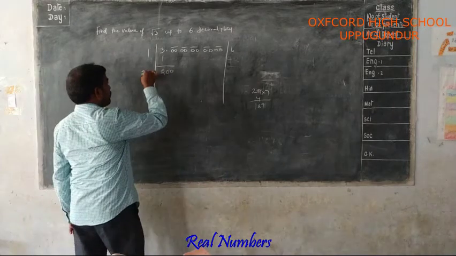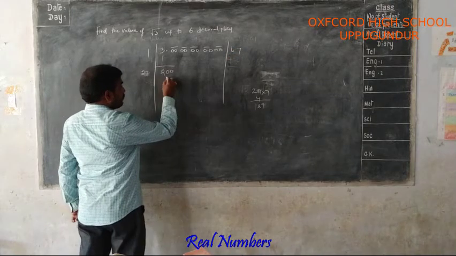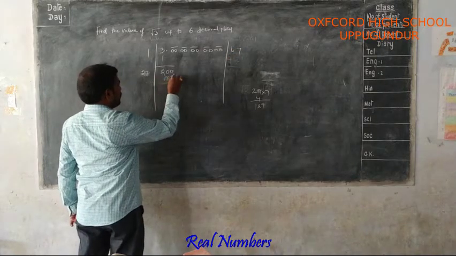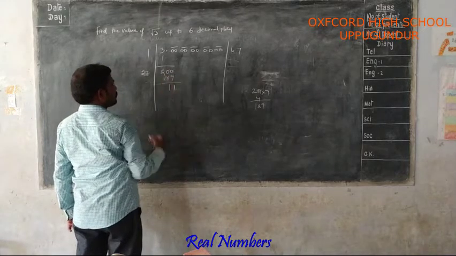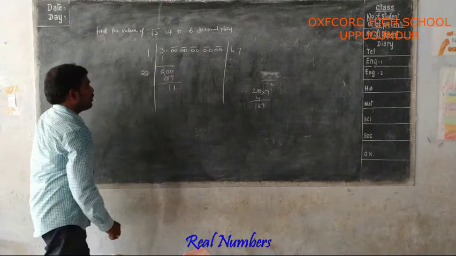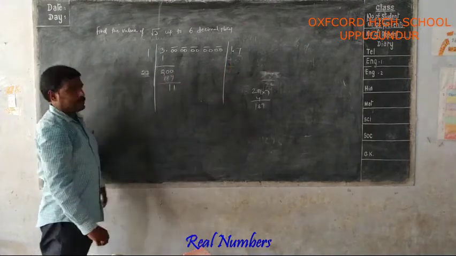So 27 sevens, 189. 10 minus 9, 1. 9 minus 8, 1, 0. Remainder is 11. Now 27 plus 7, that is the next divisor.